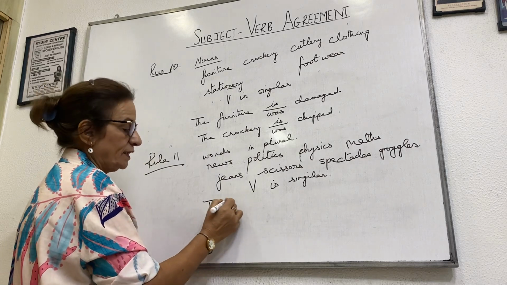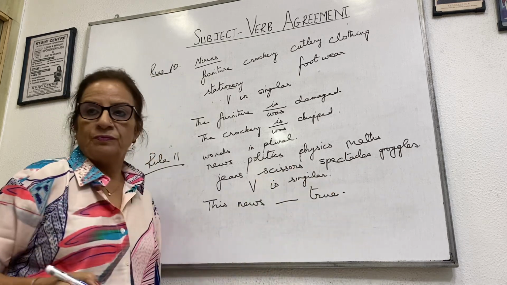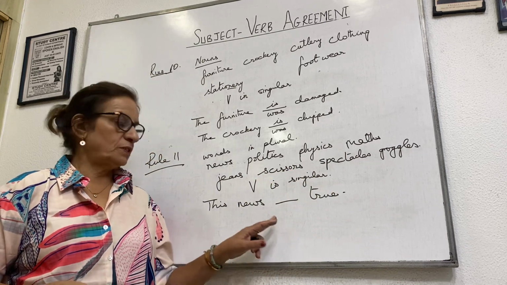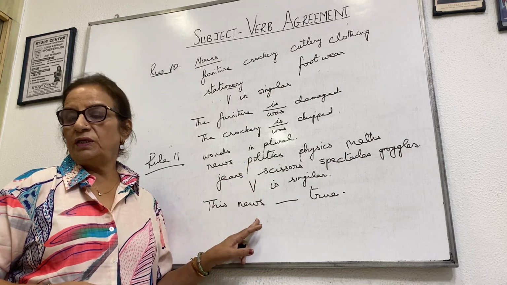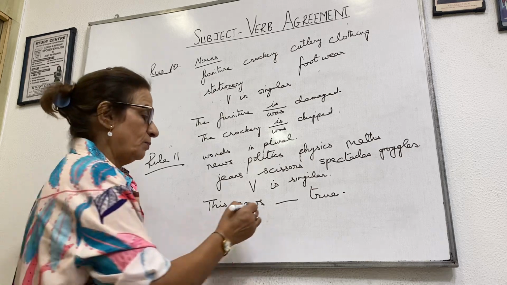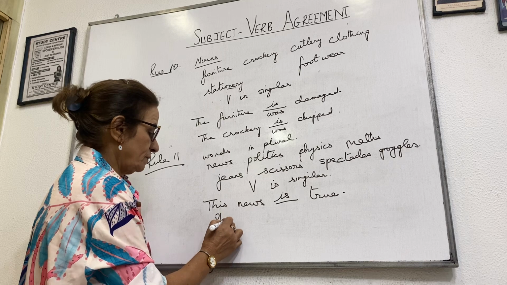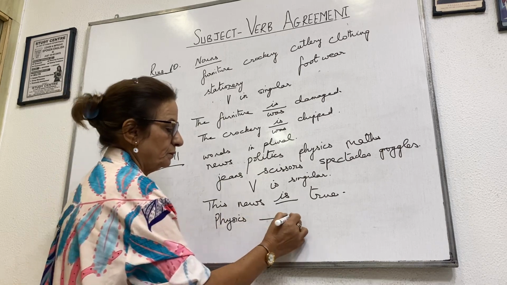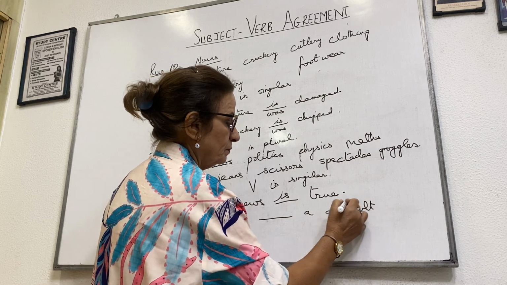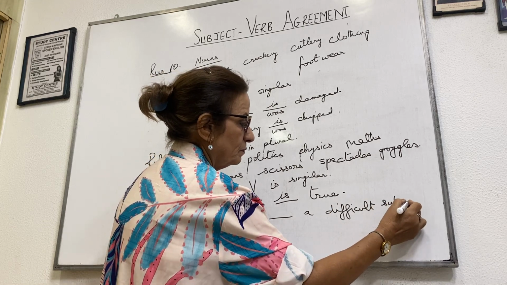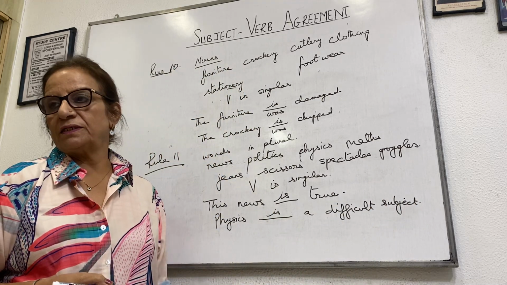Let's take an example. This news, true. Just because it is news, plural, doesn't mean you'll take a plural verb. According to the rule, all these plural words take a singular verb. This news is true. Physics is a difficult subject.